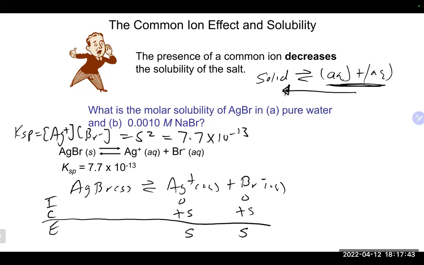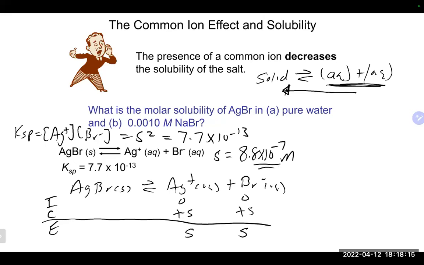We square root both sides, and the molar solubility of silver bromide is the square root of 7.7 times 10 to the minus 13, which is about 8.8 times 10 to the minus 7 molar.